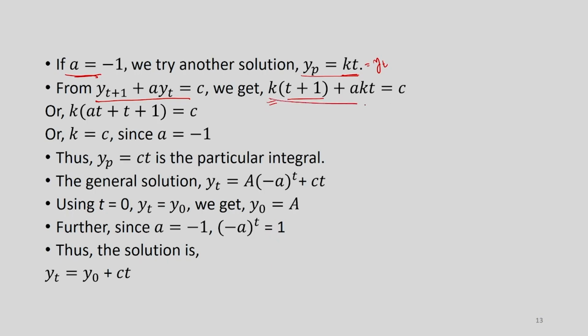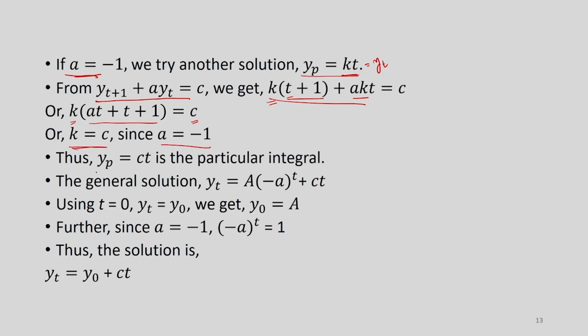From the left hand side I can take k common, and within the brackets I have a t plus t plus 1. From here I will get a t, then t plus 1. On the right hand side I have only small c. But if a is equal to minus 1, here I can write minus 1, then minus t and plus t will get cancelled. So, I am just left with k is equal to c.